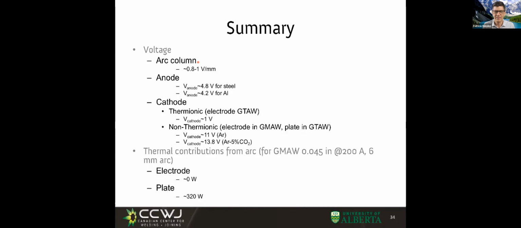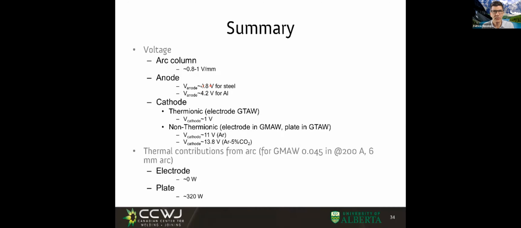But they're not exactly the same. I don't know how different they are, but they're not very different. So when I say things like the anode is 4.8 volts for steel, I'm going to say that generates 4.8 volts times current of energy on the anode.